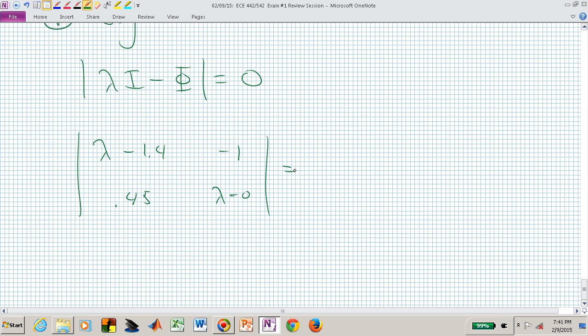You now have the product of the diagonals minus the product of the off diagonals.